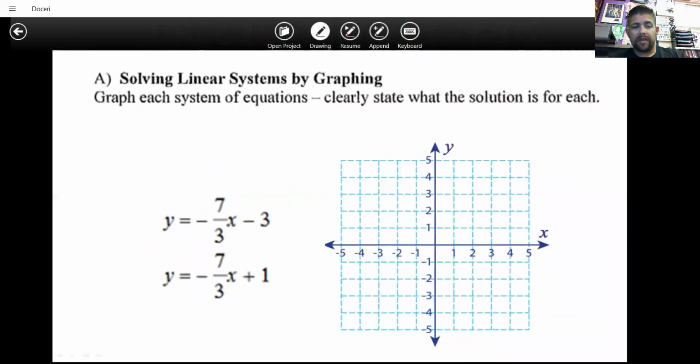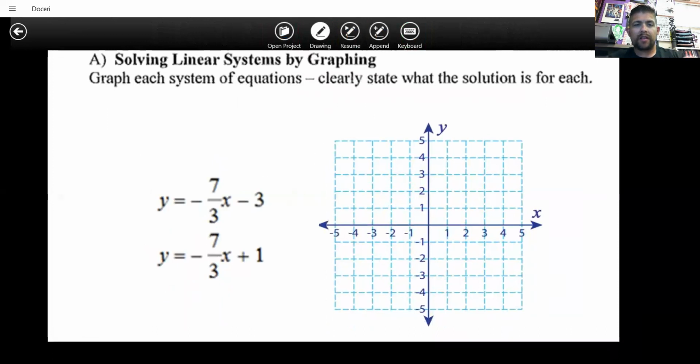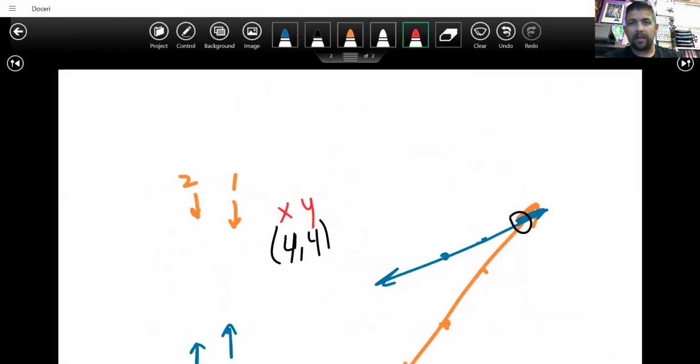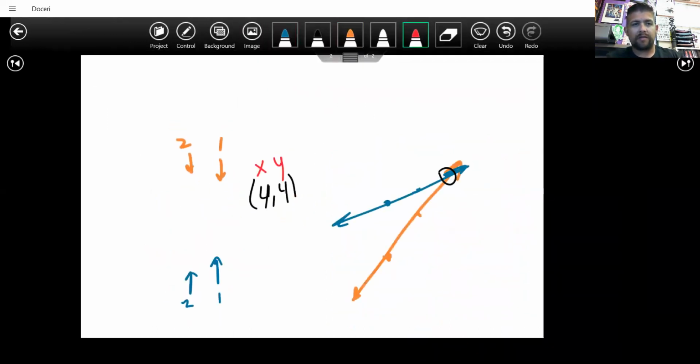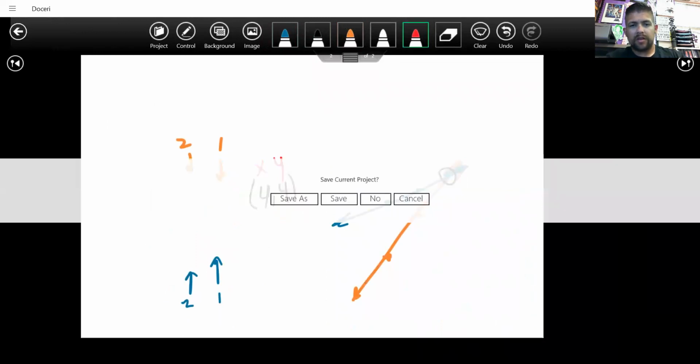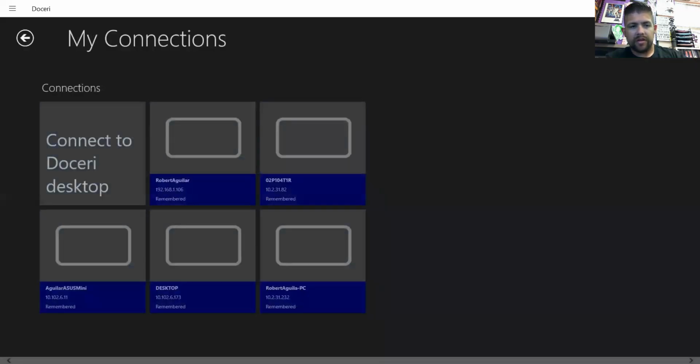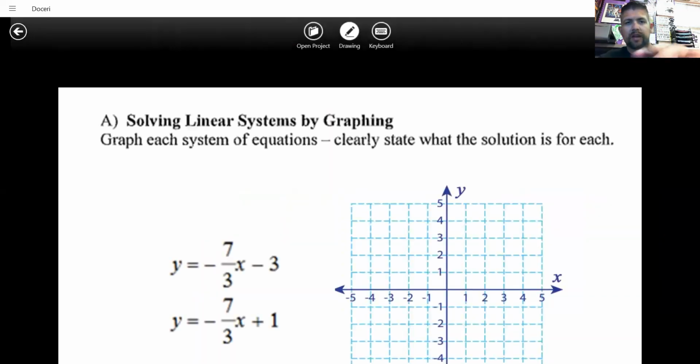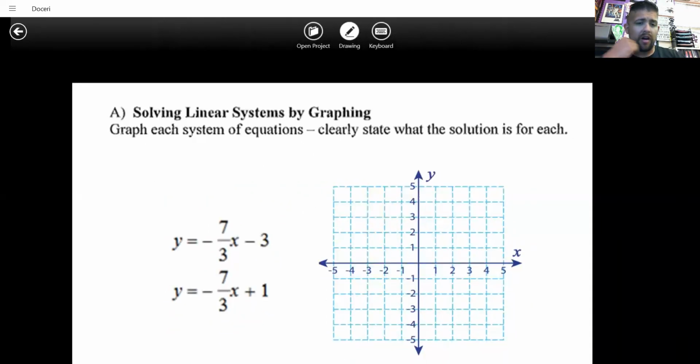There's another type. One thing that we should automatically be seeing here is they look very similar, like the same graph. Now, what happened here? It's not showing up. Reset this. Okay, we have our two graphs here. One thing that we're seeing here automatically is I know that I have the same slope, right? -7 over 3 is the same slope.